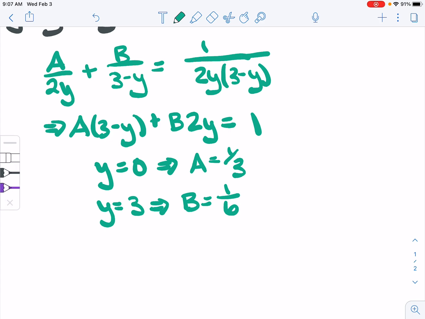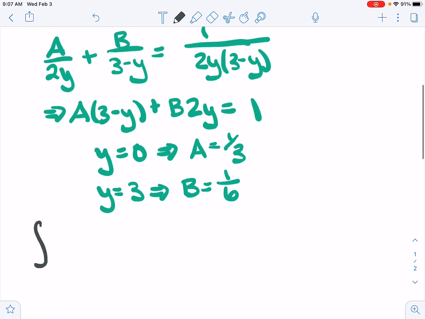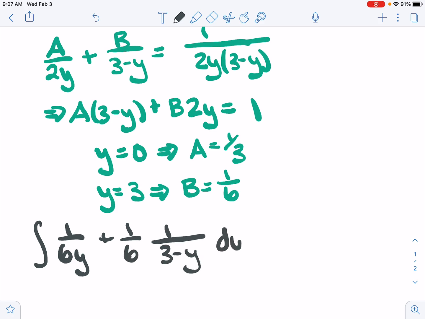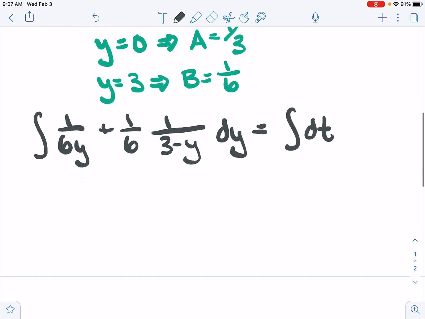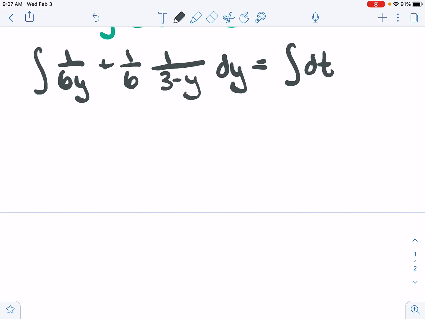So back to the integral. We have an integral of 1/3 times 1 over 2y, so that's 1 over 6y, plus 1/6 times 1 over (3 minus y) dy equals the integral of dt. And having done the partial fraction decomposition, we're left with something that we can manage.